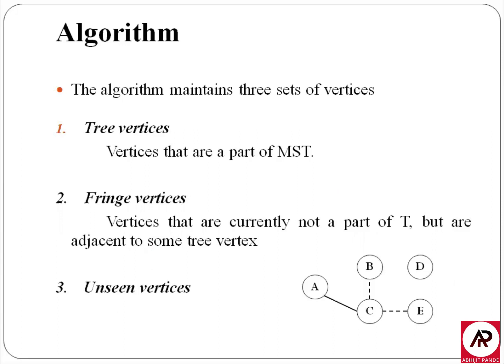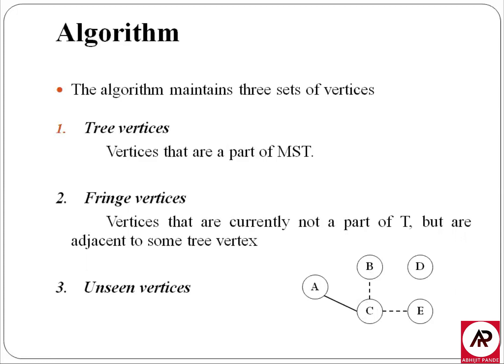As we saw in the previous example, here A and C are part of the minimum spanning tree. The start location is node A, and now we come from node A to node C, and the different edges that originate from node C I have represented using a dotted arrow, and there is no edge from node C to node B. Now from this diagram, the tree vertices are those vertices which are part of our minimum spanning tree.